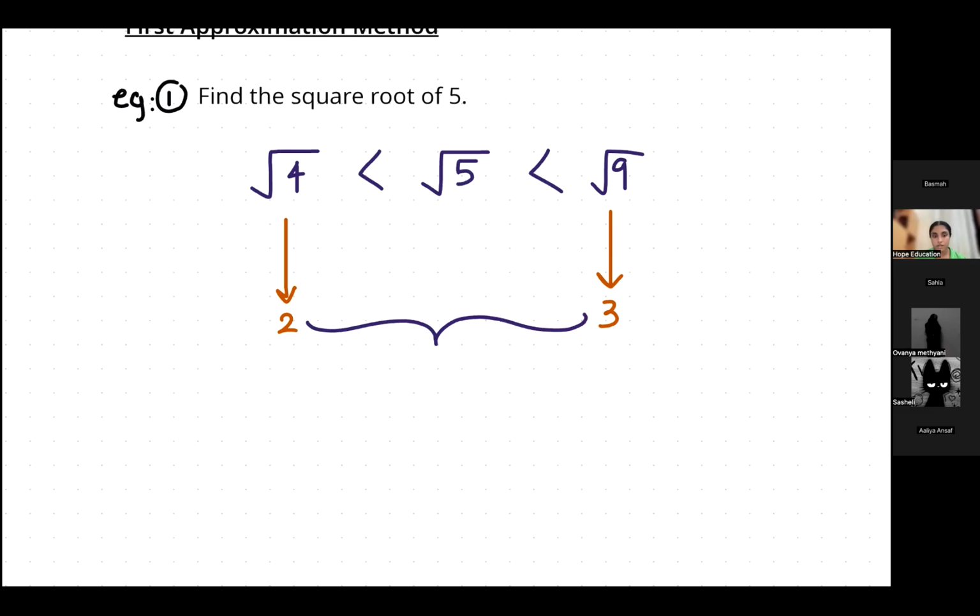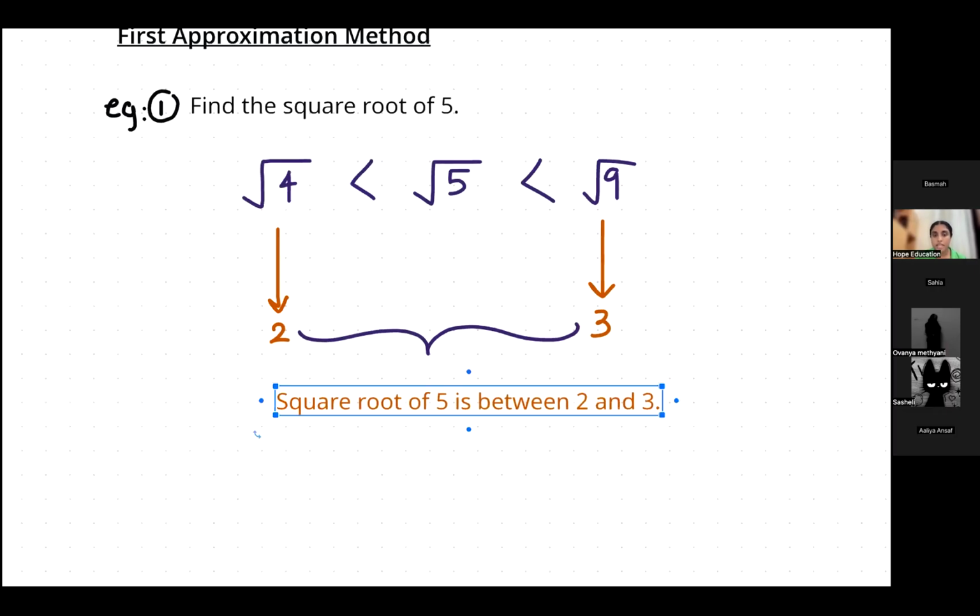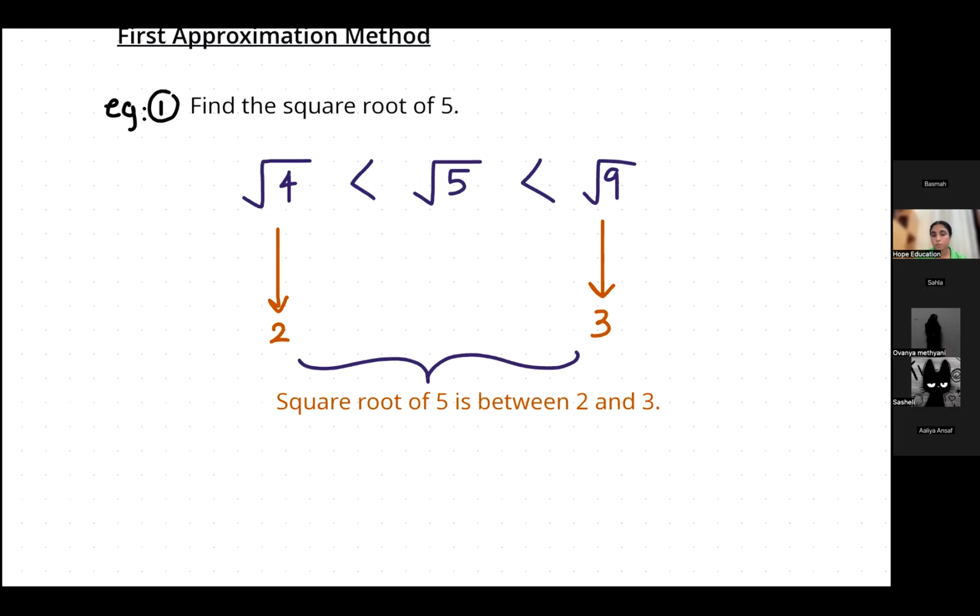Okay, so I will just write a small note. Square root of 5 is between 2 and 3. Now, if we look at this, the space between 2 and 3 you can divide into 2.